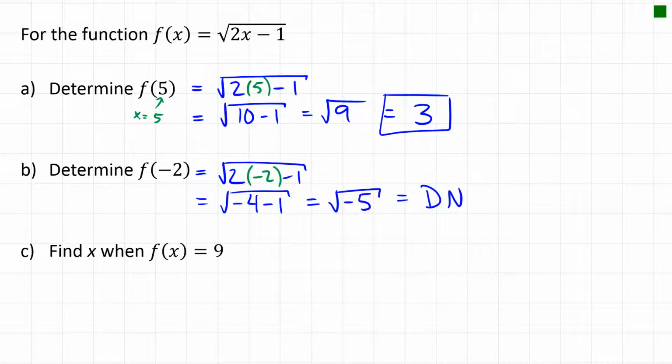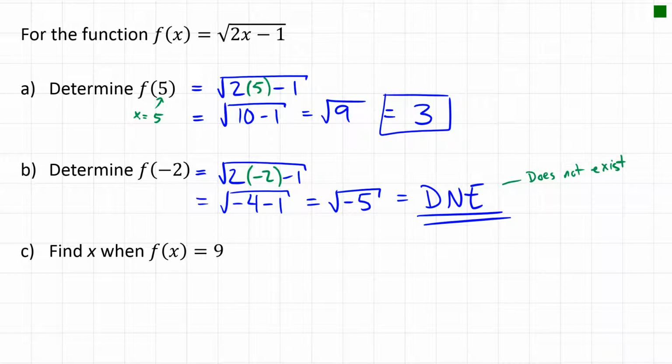Which means it does not exist. Reminder, if you have forgotten what those 3 letters stand for, DNE: does not exist. So the function actually doesn't exist at x equals negative 2. One way of thinking about this is that x equals negative 2 is outside of the domain of the function.